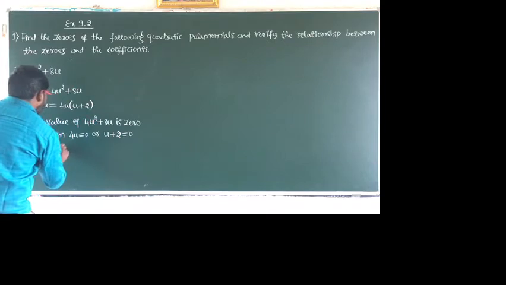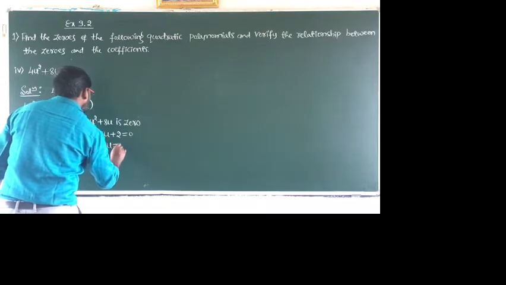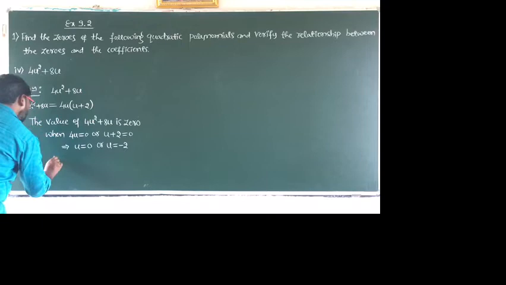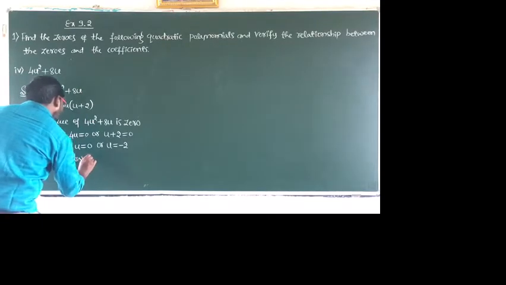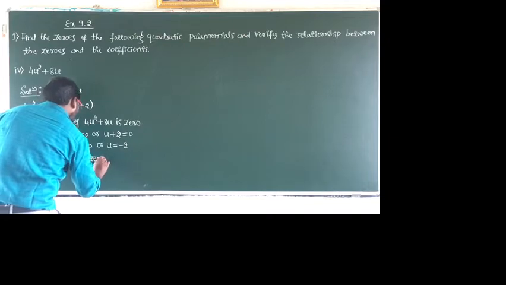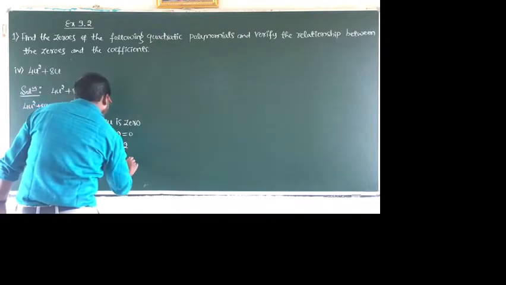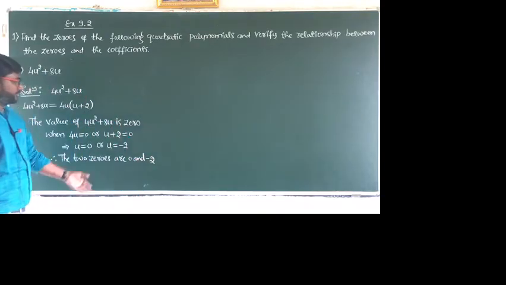So this implies u is equal to 0 by 4, that is 0, or u is equal to minus 2. Therefore the two zeros are 0 and minus 2. So we have got the zeros.